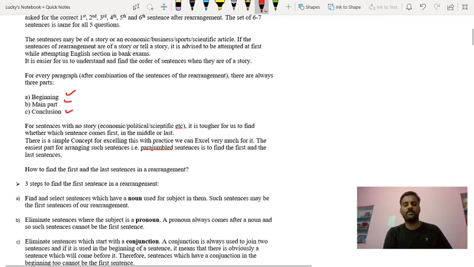Before we do anything, I would like to know how we can arrange these sentences in a simple manner. The first step that I would let you know is to arrange the first and the last sentences.